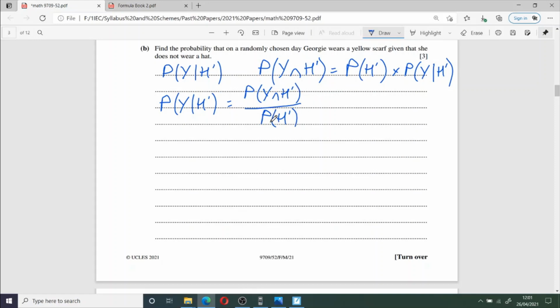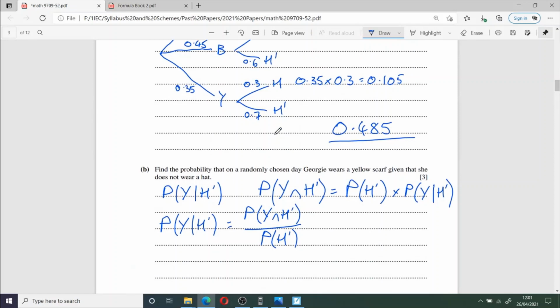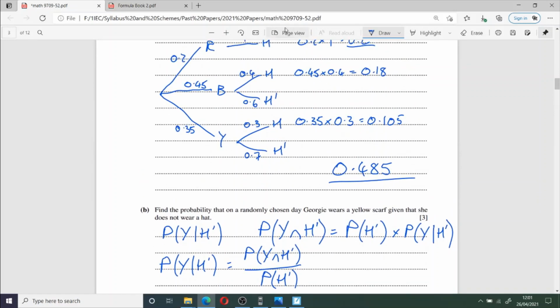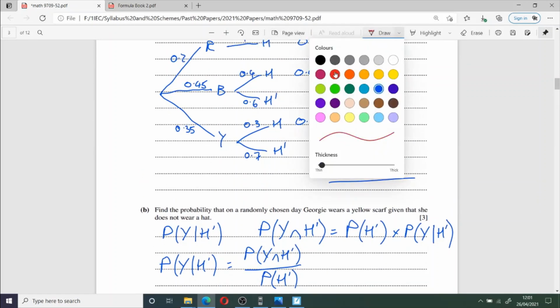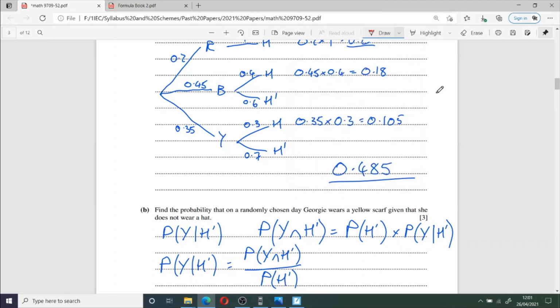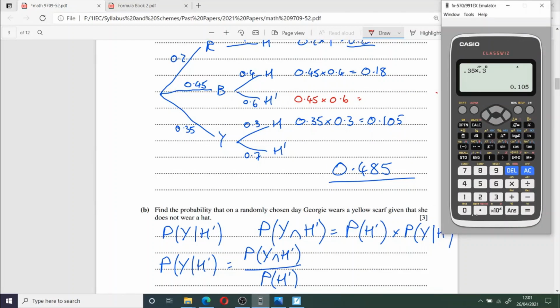So the probability of not wearing a hat, well, we have two possible routes for that. I'm going to work them out in red up here on the diagram. So the probability of not wearing a hat here, 0.45 times 0.6, which is 0.27.